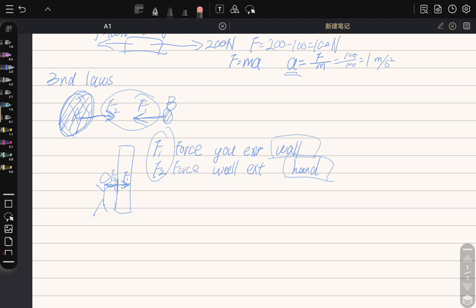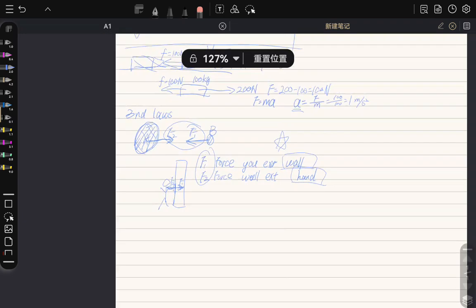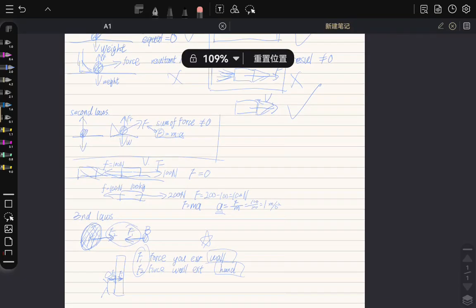The most important thing here is that the forces are on different objects. Force 1, we give the wall. Force 2 is the wall giving our hand. So this is important, we can give it a star here. So these are Newton's 3 laws.